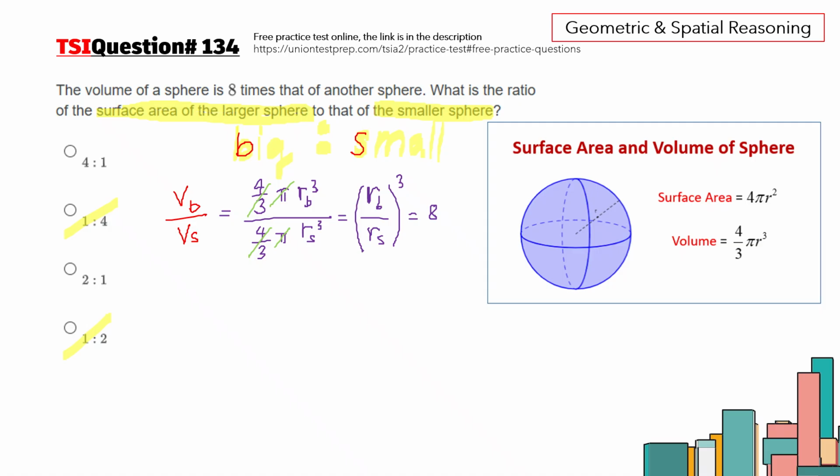So we have r sub b over r sub s, the ratio of the radius of the bigger sphere to the smaller one, is the cube root of 8, which is 2.